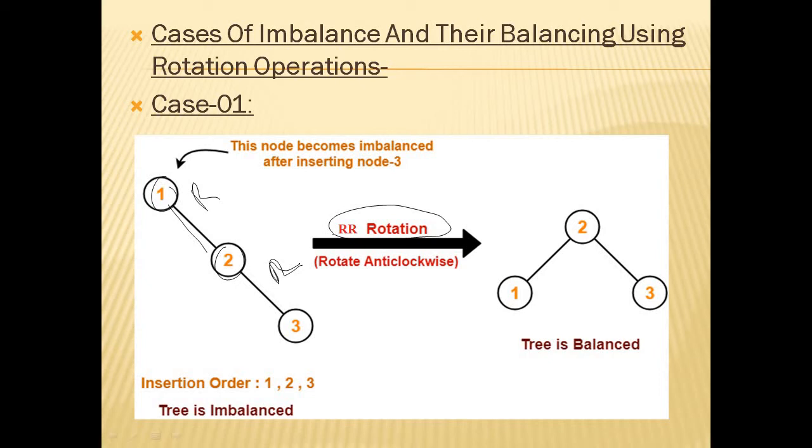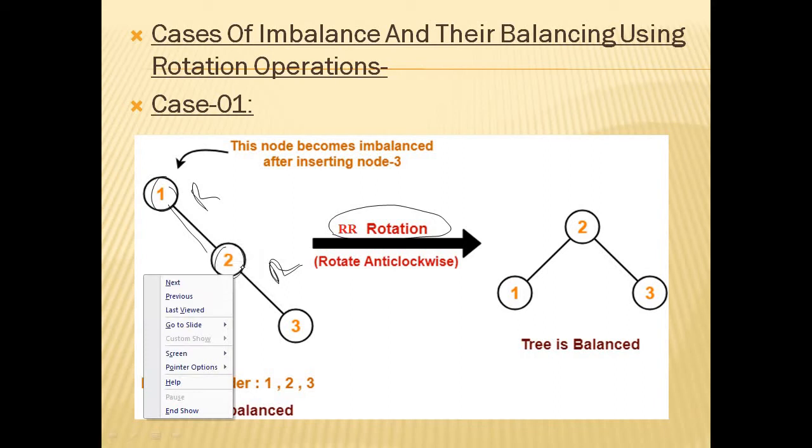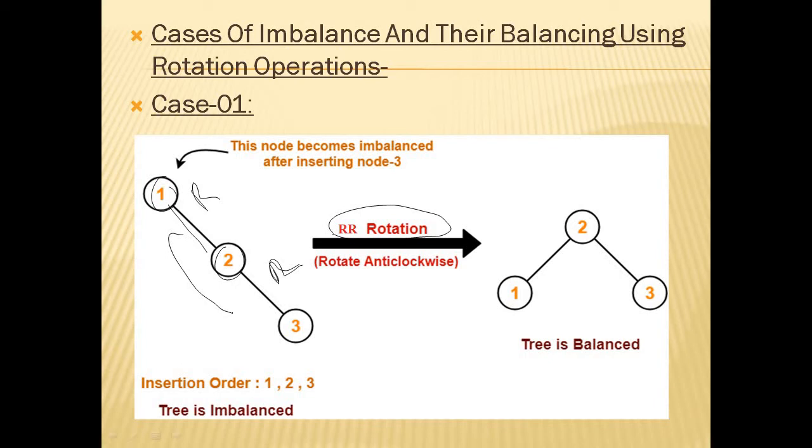Then what we need to do is go with anti-clockwise rotation. So it will be rotated like this. So 2 will come here, 1 will come to the left side and 3 will come to the right side. Anti-clockwise rotation. Okay, that is RR rotation.